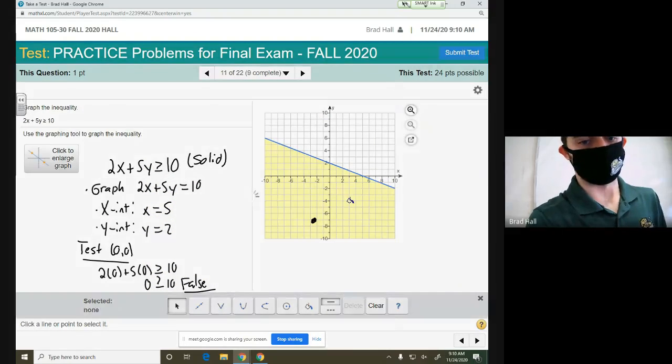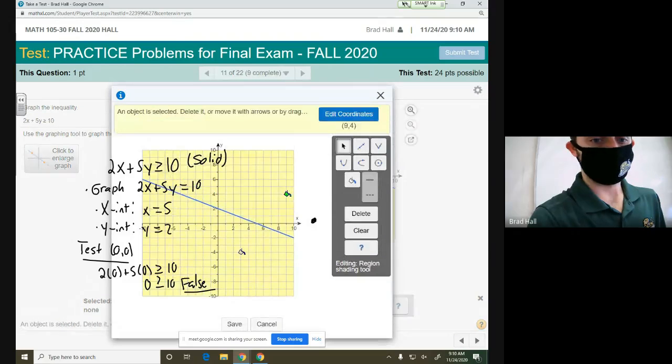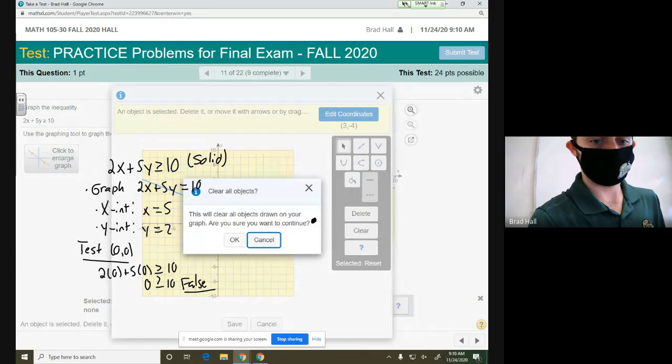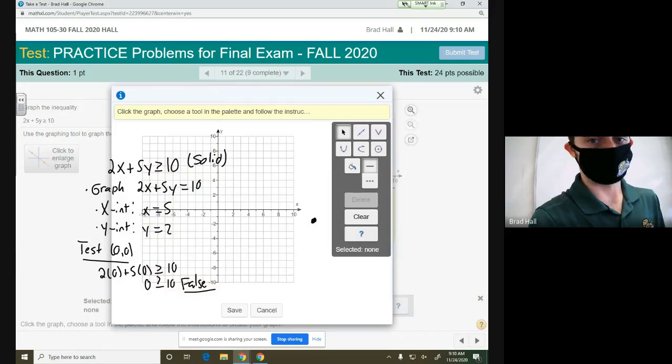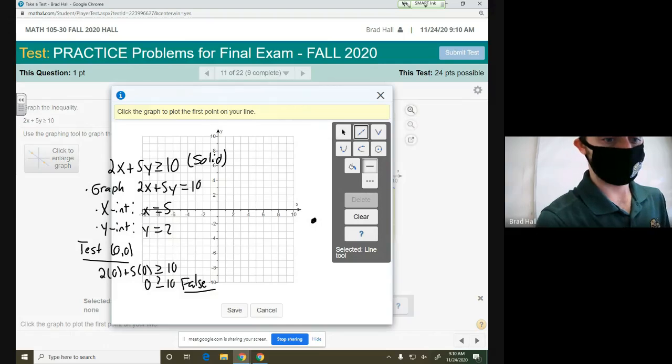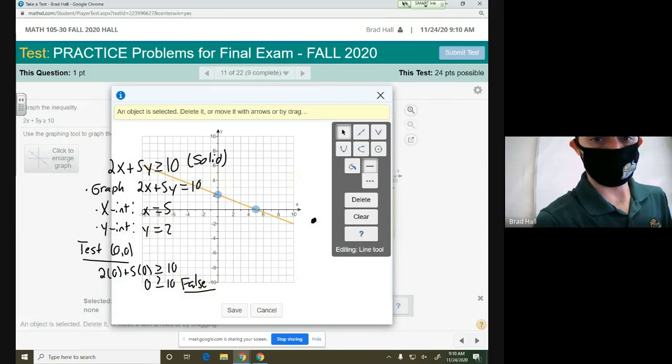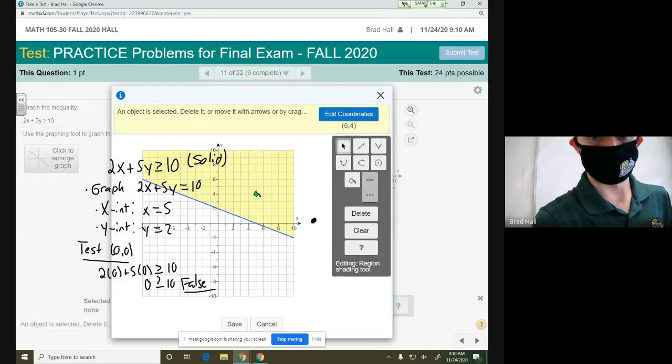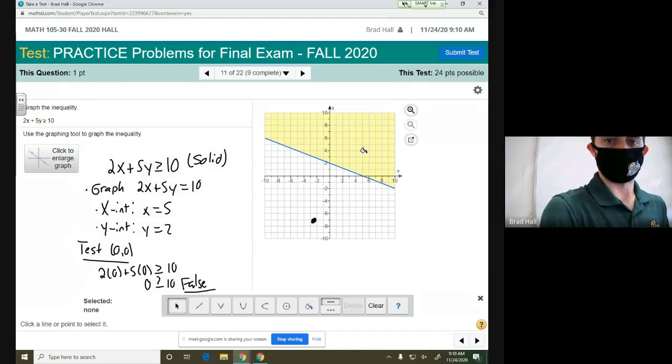Oh, wait, it was away. Five, 2, shade up here. Save. There we go.